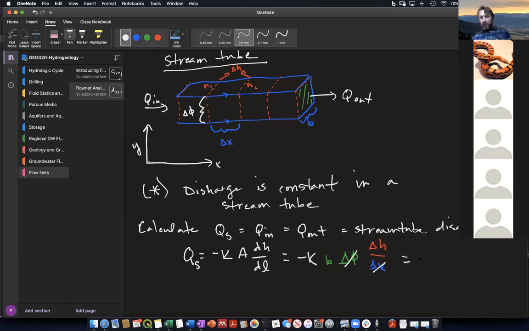The discharge of my stream tube is equal to negative K times B times delta H. Delta H is my contour interval, K is my hydraulic conductivity, and B is the thickness of my aquifer.